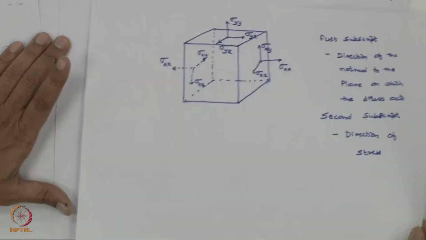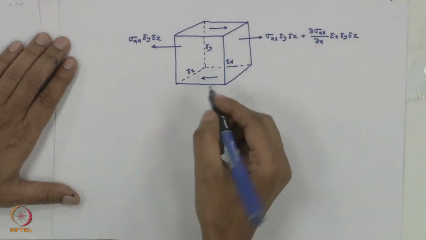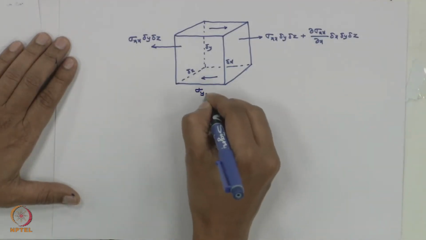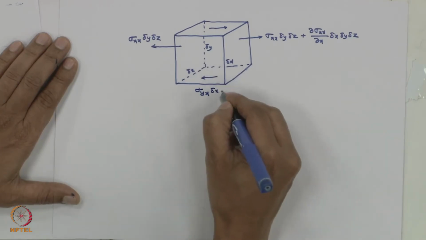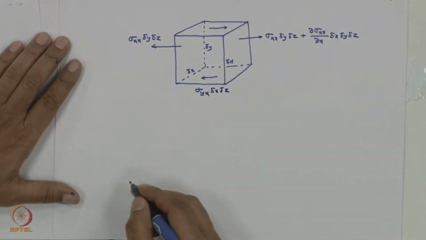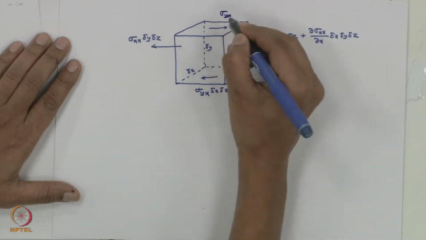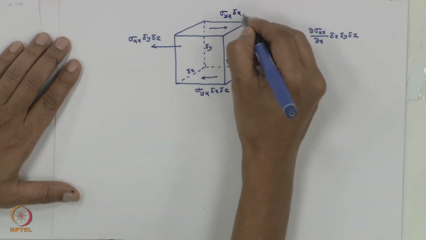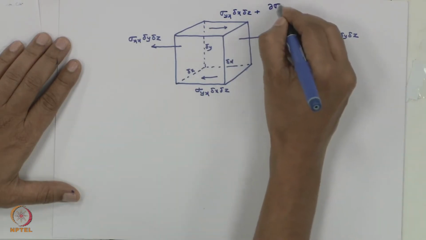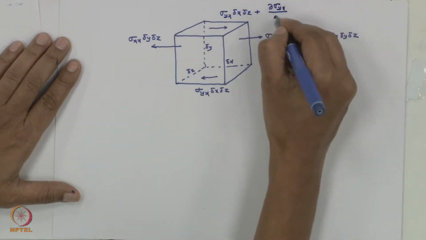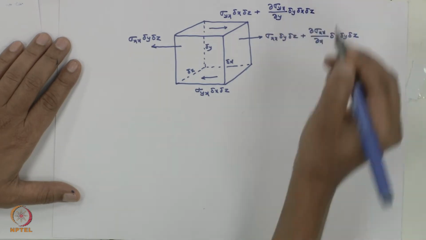This is the same as what I had written here. So you have sigma yx over the area delta x delta z, and here it is sigma yx delta x delta z plus del sigma yx upon del y, delta y delta x delta z.